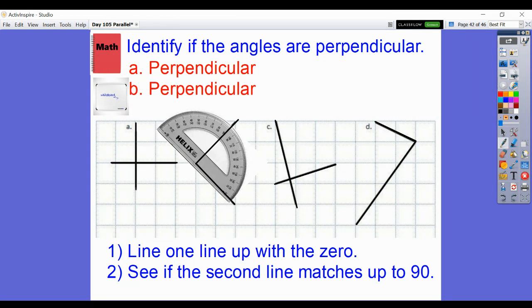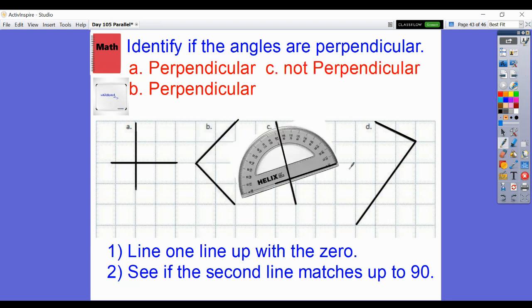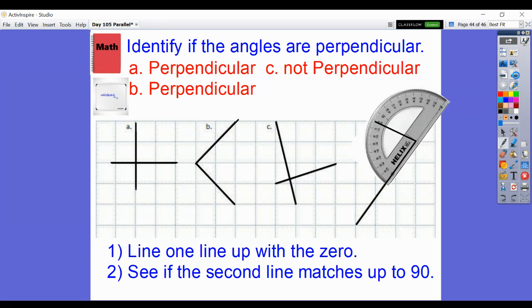C, there's the baseline, and here we have, oh, that looks like about 95 degrees, so it's not 90 degrees, it is not a true right angle, therefore it is not perpendicular. And D, there's the baseline. You always start with the baseline.